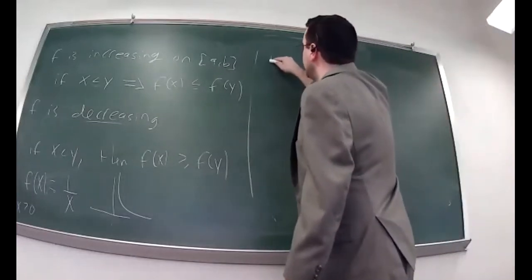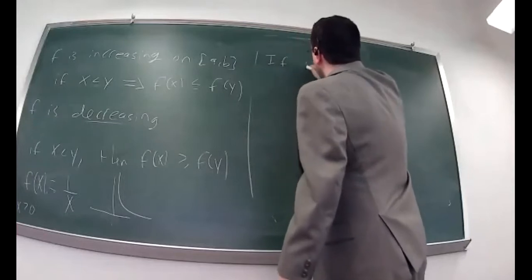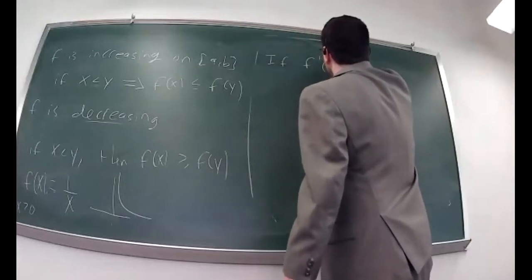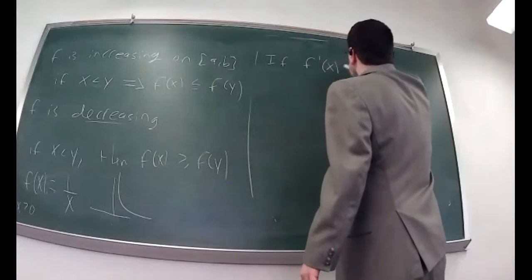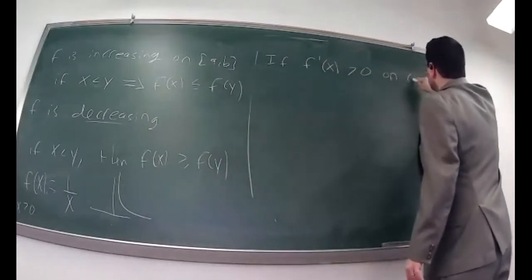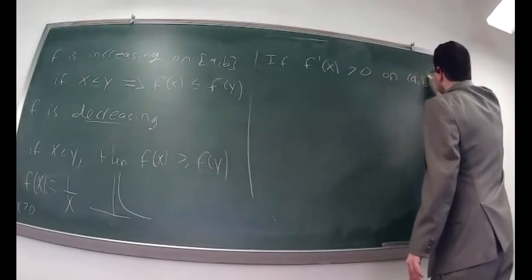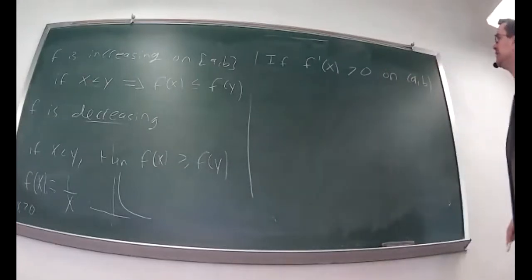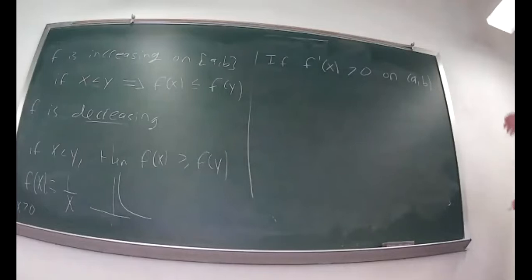So what if f prime of x, what if the derivative is positive on the interval from a to b? Meaning for every x in between a and b, bigger than a, less than b, it is true that the derivative at the point x is positive.